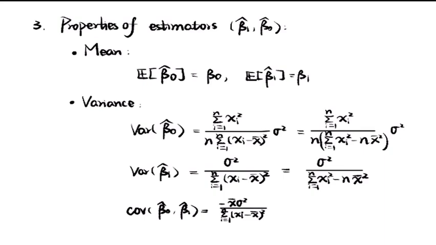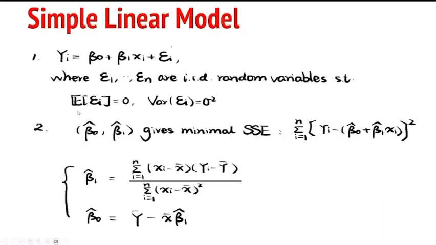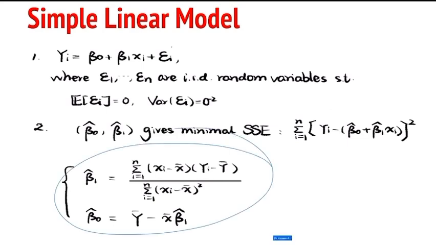I want to believe if you use a formula here, every one of you will get different results, even if you are working on the same thing and you choose the same sample size. Your beta 1 cap and your beta 0 cap will be different from others. I'm going to say that again.